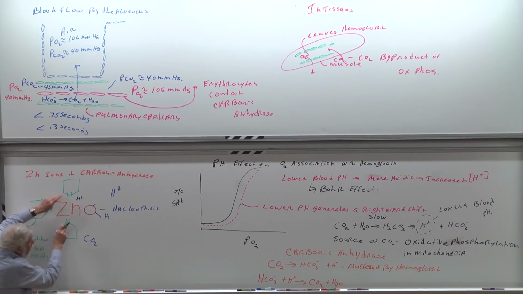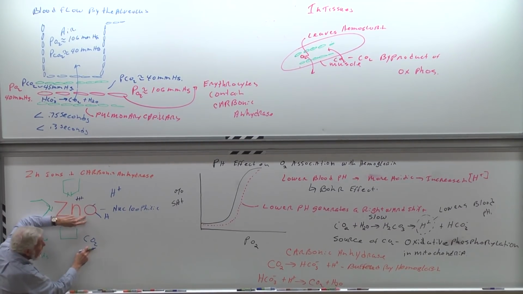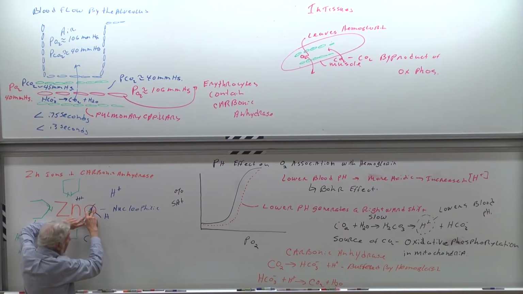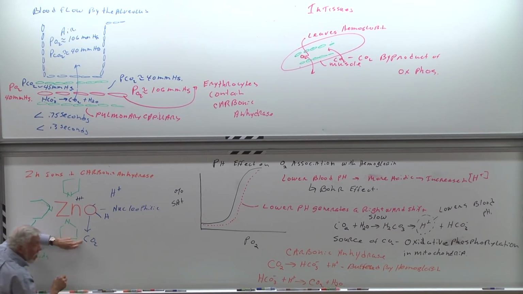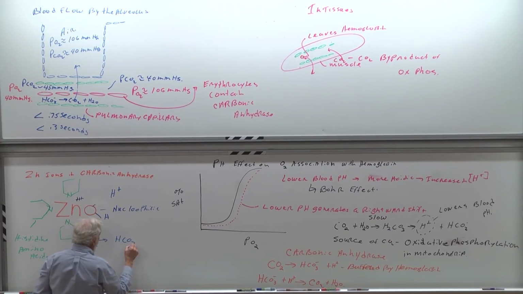So right next door to this zinc, there's a binding pocket for carbon dioxide. And when this becomes so electronegative, all these free electrons, it will now interact with the CO2. When it interacts with the CO2, it gives rise to HCO3 negative.